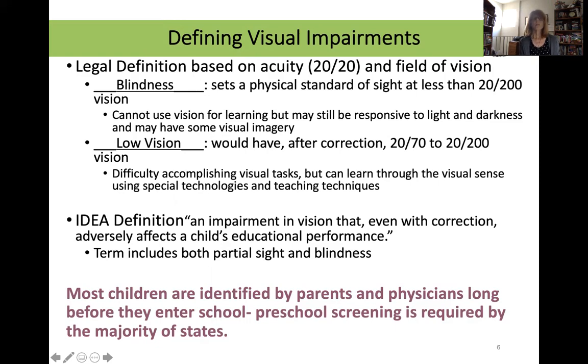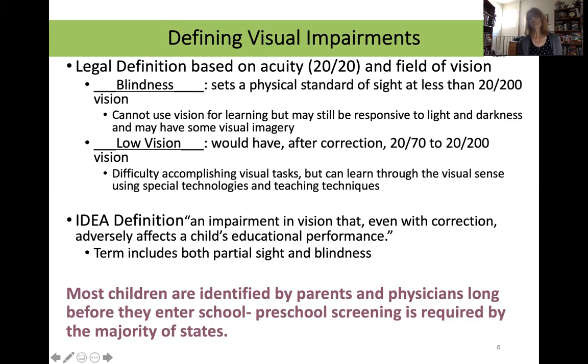The one thing that I want to point out to you is that most children are identified by both parents and physicians long before they enter school because of our medical screening.